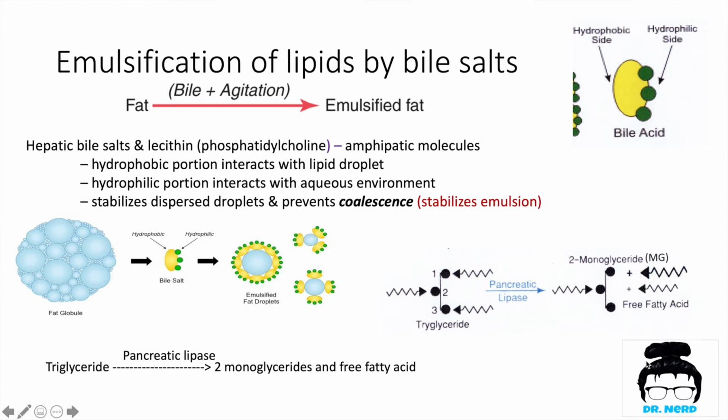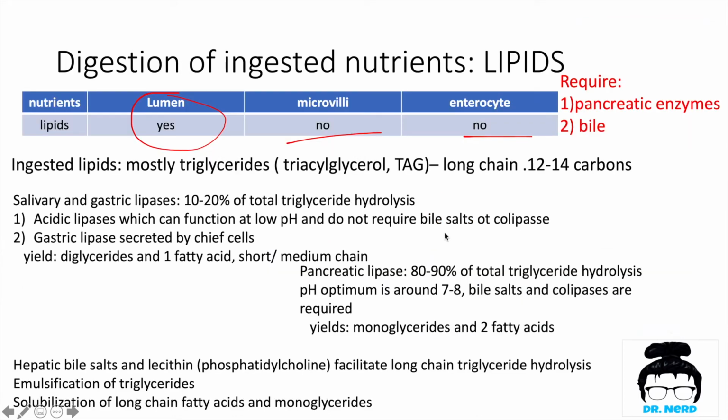But the fatty acid on the monoglyceride is at the 2 carbon. However, if it was a diglyceride and 1 fatty acid, then it would have 2 fatty acids attached to the carbon and then 1 free fatty acid.